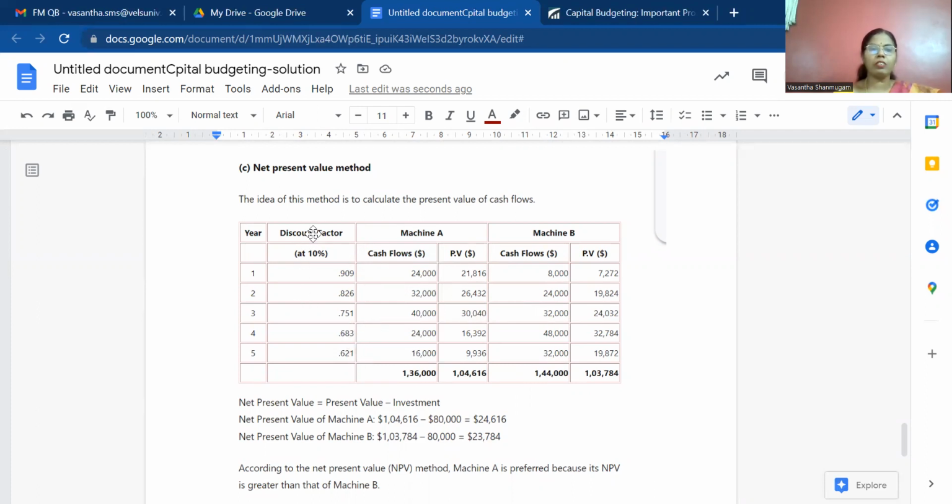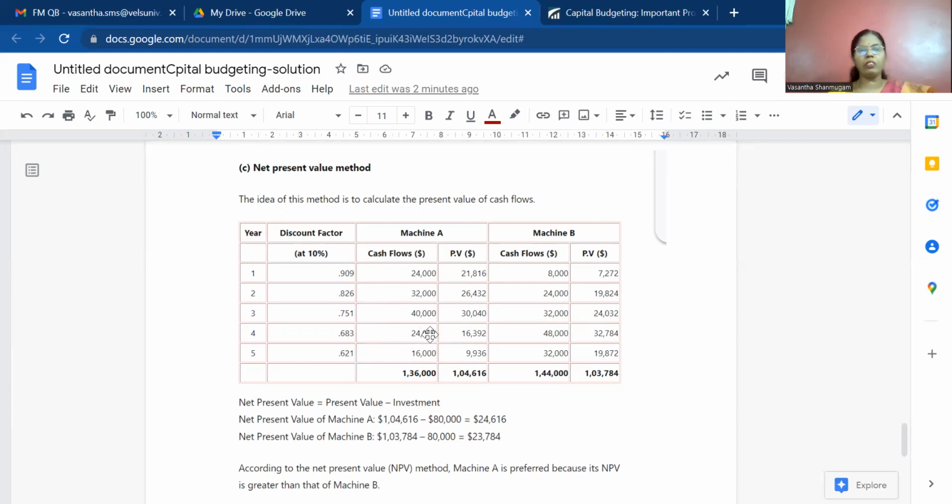We have already discussed that the value of 1 rupee becomes 0.909 at the end of the first year, 0.826 at the end of the second year, 0.751 at the end of the third year, then 0.683 at the end of the fourth year, and 0.621 at the end of the fifth year. So the value of money is discounted.